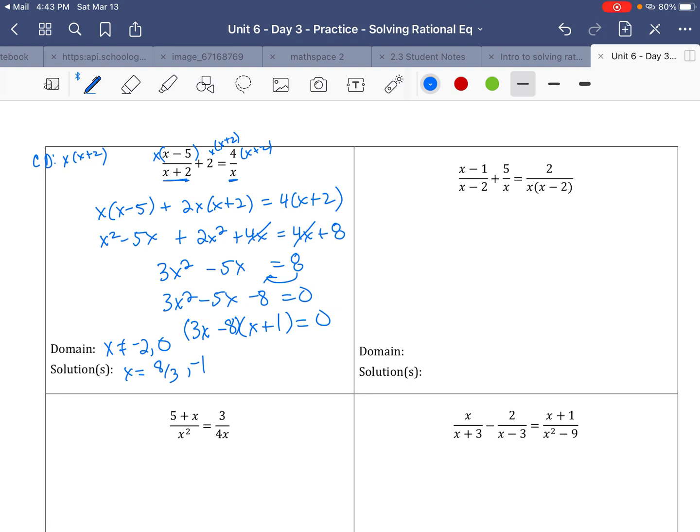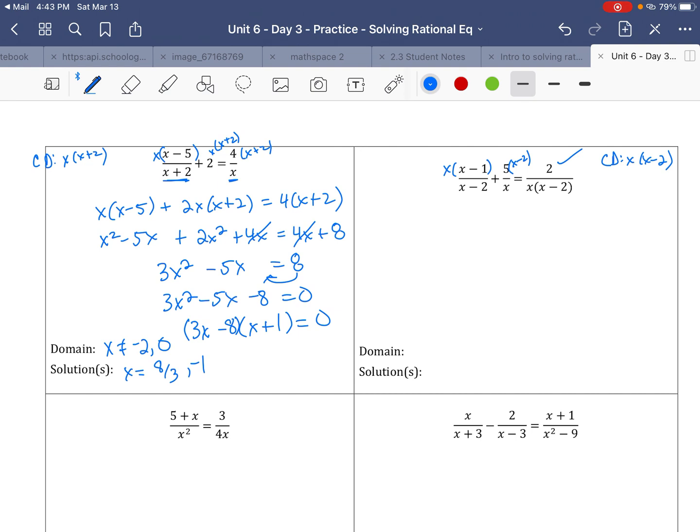All right, over here on the right side, kind of similar to the last one. Well, not really. I have x minus 2, so my common denominator, I have an x minus 2 and an x, so I need both of those. And luckily, this guy is just a combination of those things, so he's not going to have to change at all. All right, so x minus 1, he needs an x. 5 is going to need an x minus 2, because he only has an x.